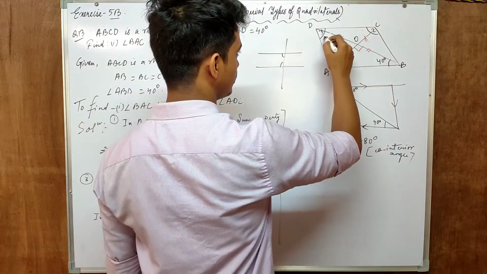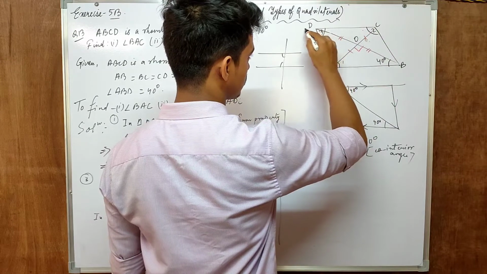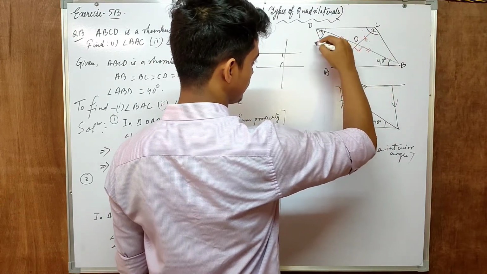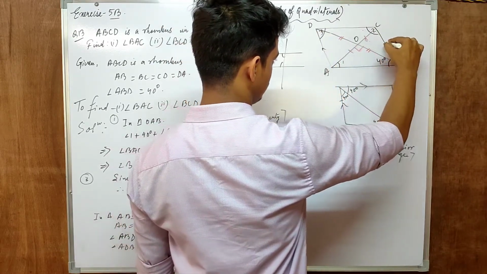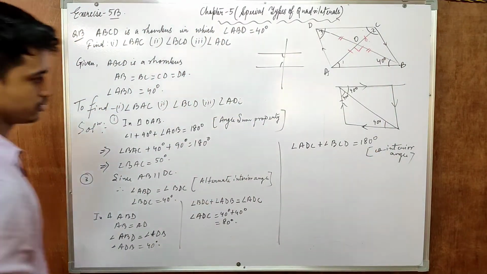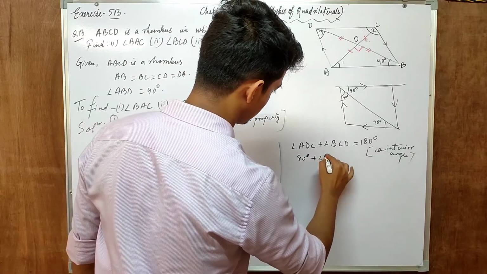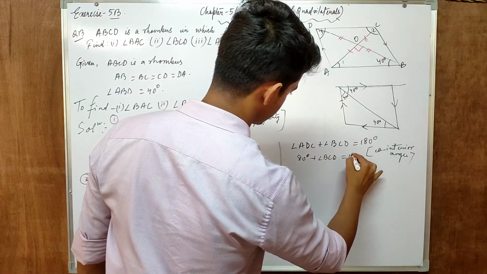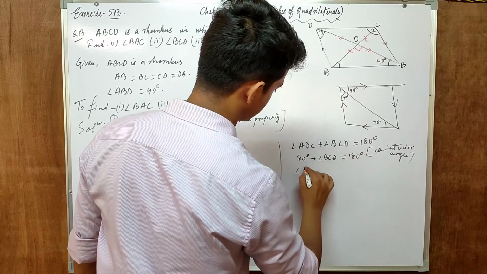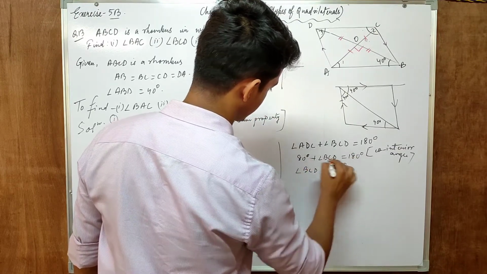Like that, these two angles create 180 degree because of this transversal and the given parallel lines. Is it clear? I hope this is clear to you. So now we have the value of ADC, that is 80 degree, plus angle BCD equal to 180 degree. So finally we will get BCD equal to 100 degree.